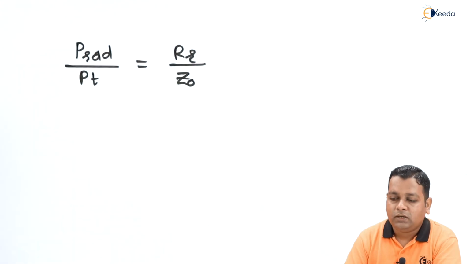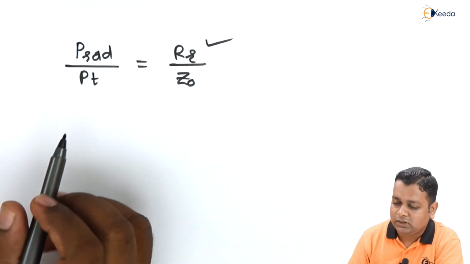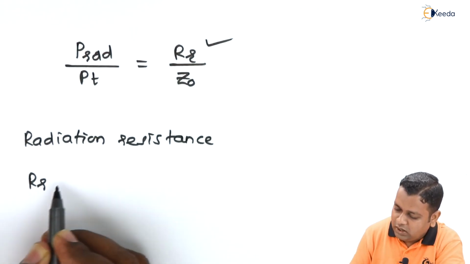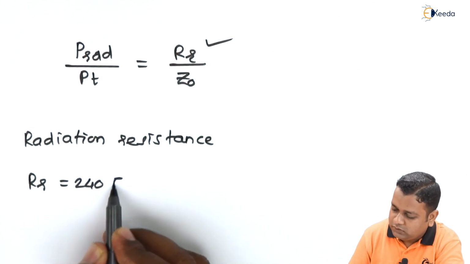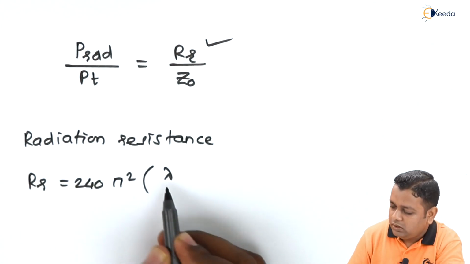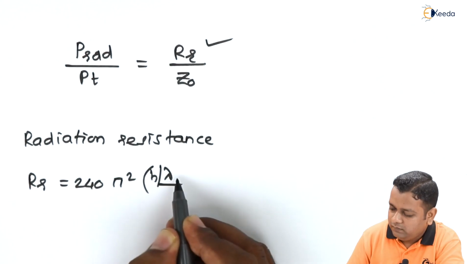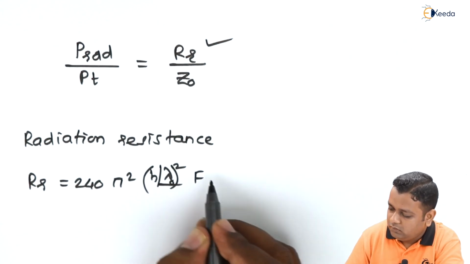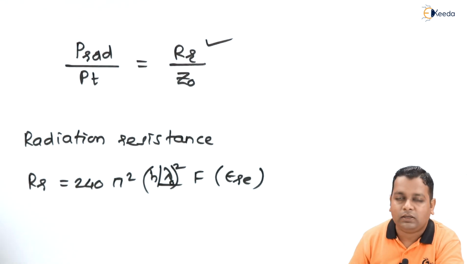Here capital R_r is called the radiation resistance, given by 240 times pi squared times h divided by lambda 0, squared, multiplied by F as a function of epsilon_re.